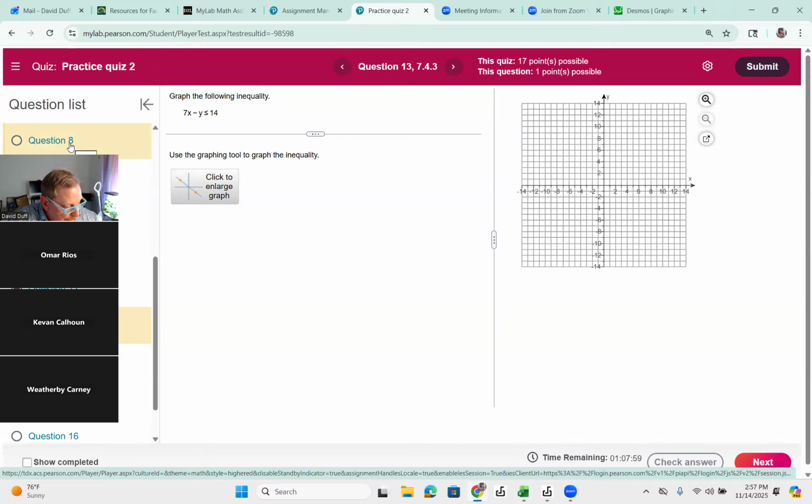Here's what I'm graphing. What is my slope? Negative 14, that would be my y-intercept. Right. What is my slope? 7x. All right, so let's take a step back for a moment.